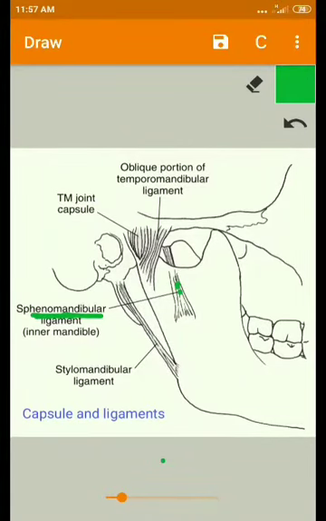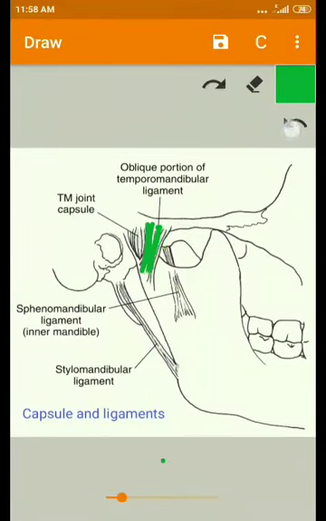So now the first and major ligament is the temporomandibular ligament. This temporomandibular ligament is the strongest ligament, and it is composed of two parts: the outer oblique portion and the inner horizontal portion.